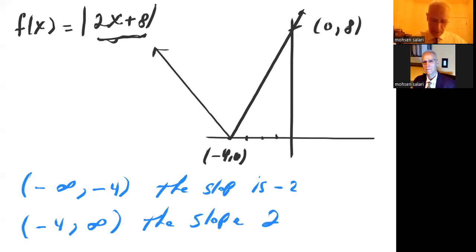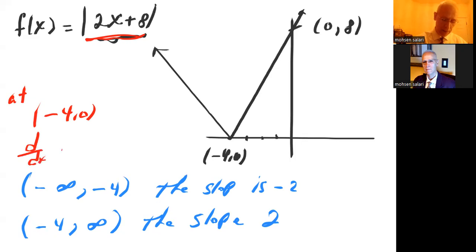And some of you probably will argue, I knew that, I just looked at this and guessed what the slope is. You're going to have to show your work. So I do encourage you to get used to showing your steps. And we said that at -4, 0, d/dx does not exist.